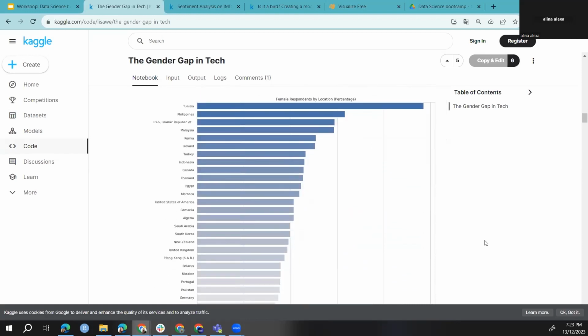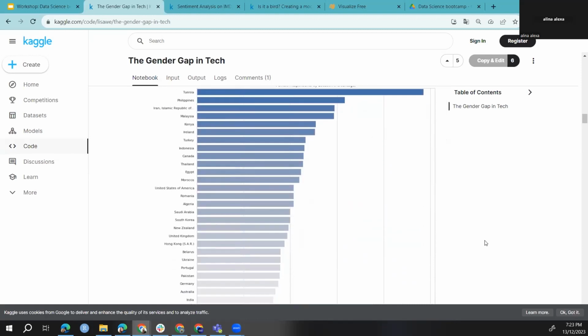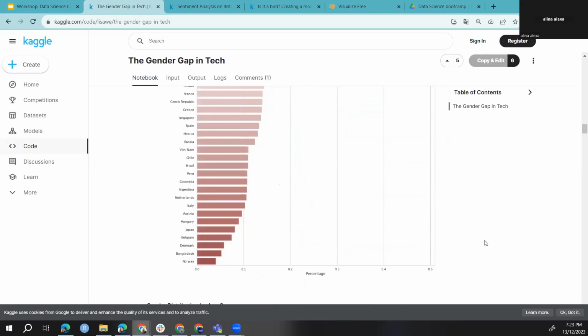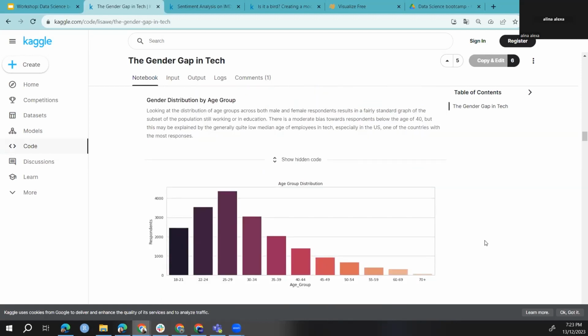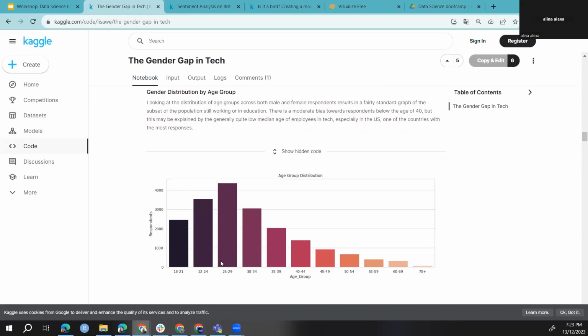Yeah. Okay, so in here, by location, the percentage. And in here, she's looking at the age distribution. So it's mostly known that people who work in STEM are between 25 and 29, even though now we do have more and more people that are older, particularly in our female world, because we females get older, we already have our child, and maybe we're trying to do something that we can do from home to be able to take care of the kids at the same time as have a career.